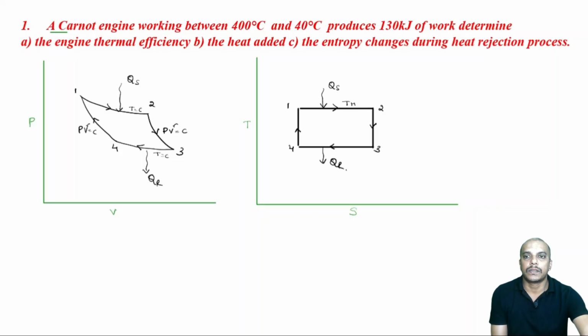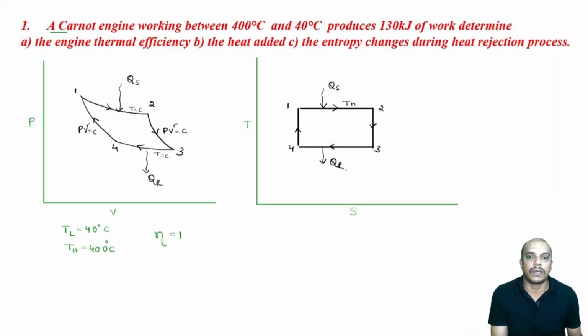Next, the temperature is 400 degrees Celsius and 40 degrees Celsius. Now, according to our notation, the lower temperature TL is 40 degrees Celsius and the higher temperature TH is 400 degrees Celsius. And remember, temperature must be in Kelvin for efficiency, because we can check it if we want to.